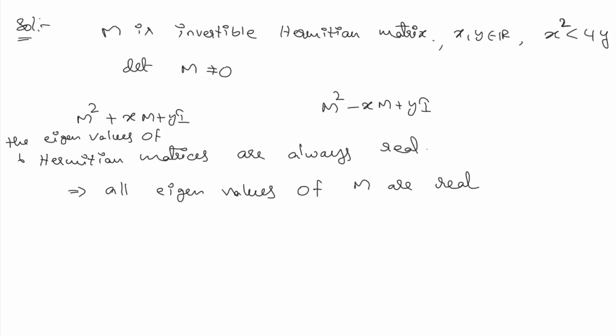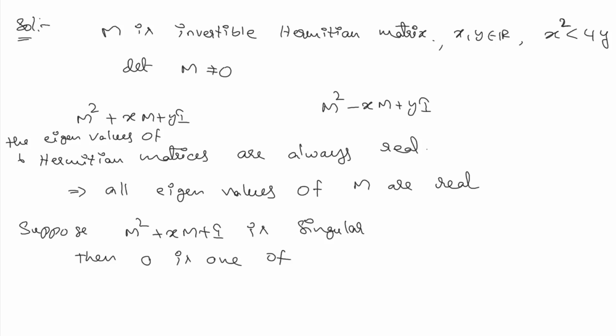Suppose the first one is singular. Suppose M square plus xM plus yI is singular. Then 0 is one of its eigenvalues.